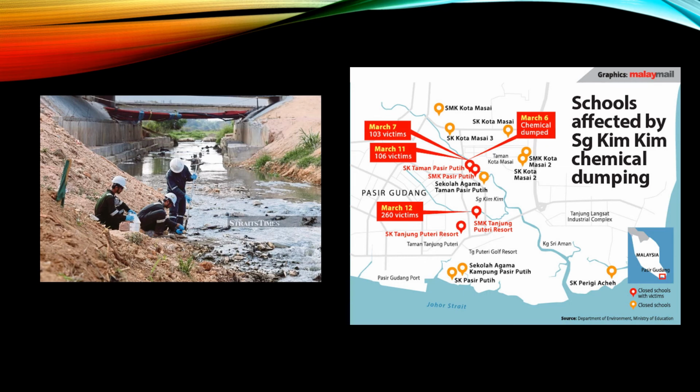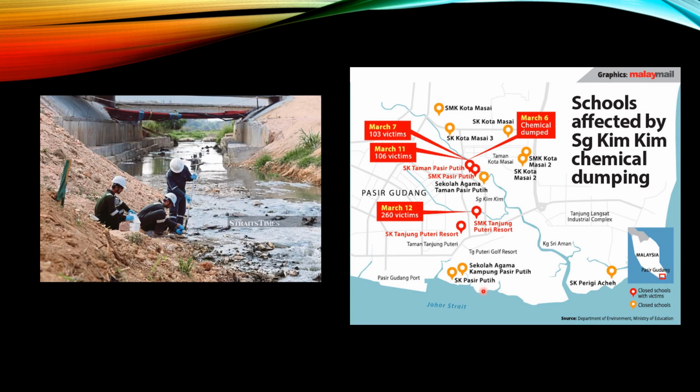One recent environmental health issue that became quite popular in discussions among experts and netizens is the Sungai Kim Kim chemical dumping. If you recall, there were many students who vomited, had headaches, and had to be brought to hospital because they suspected something in the air.